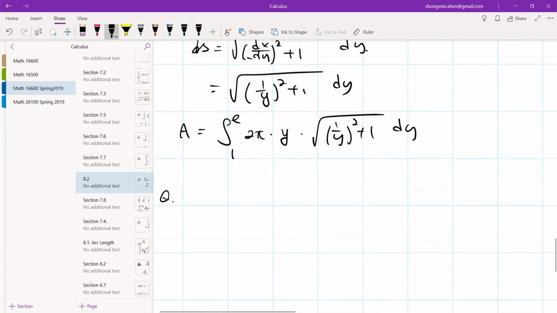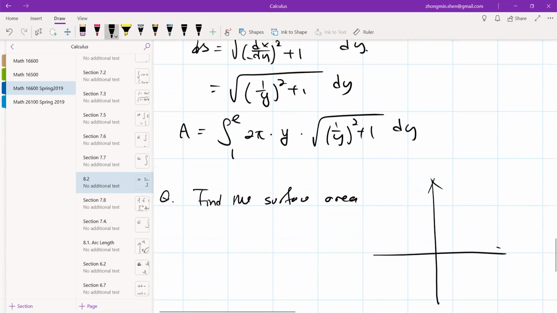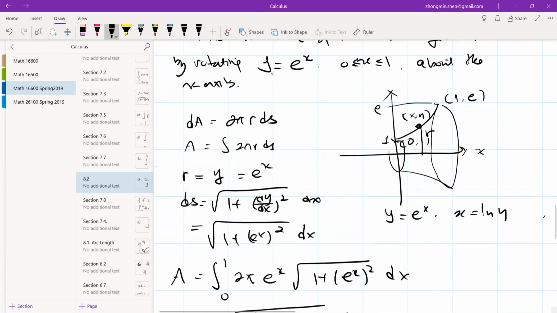Okay, here's a picture. Find the surface area. So how do I get this? This is a parabola, y equals x times 2 minus x.